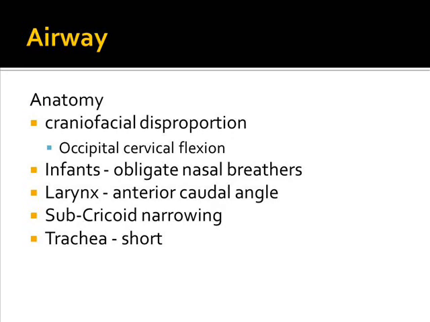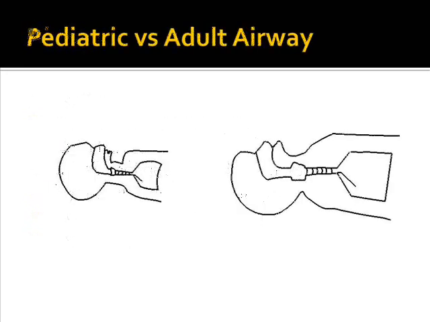This means that if you hyperflex the pediatric neck as we would normally do in the adult, it usually leads to kinking of the airway. And so normally in children, to keep the airway patent, we need just to flex the neck to the neutral position as shown in this diagram.